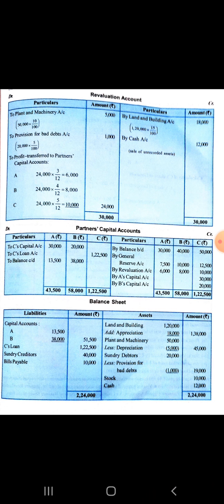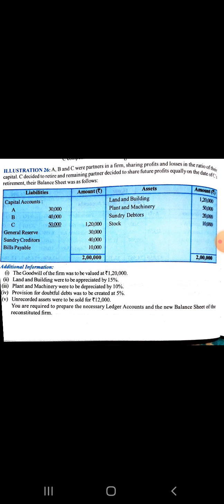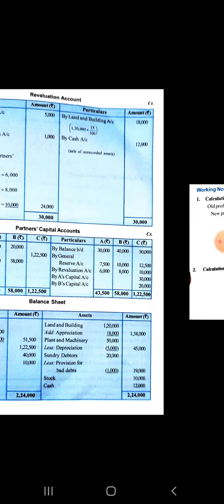Next, a revaluation account. Adjustment number 2. Land and building were to be appreciated by 15%. Book value of land and building is 1,20,000, and appreciated by 15% means the value increased by 15%.